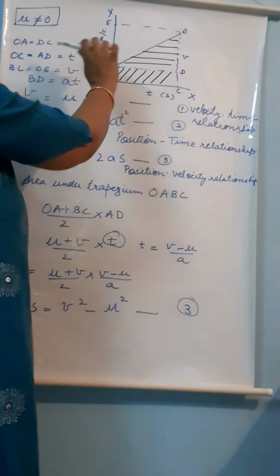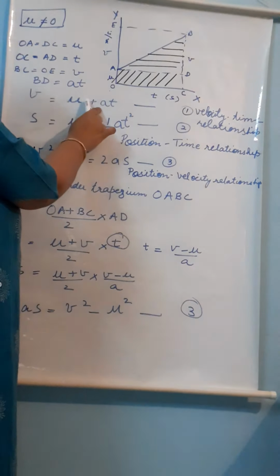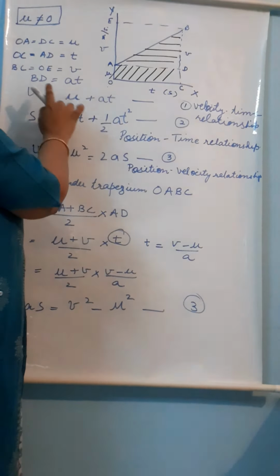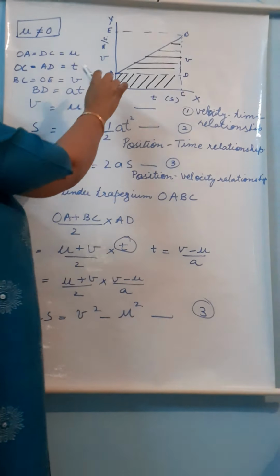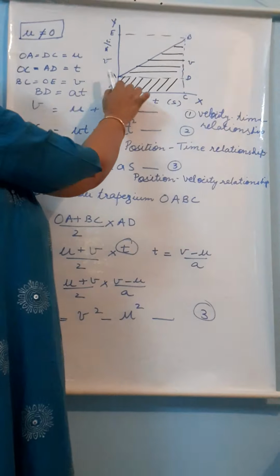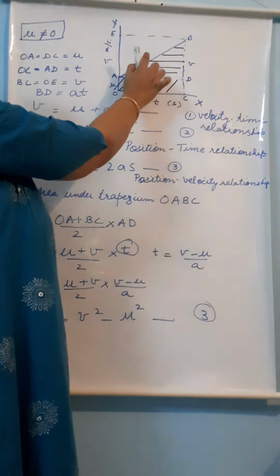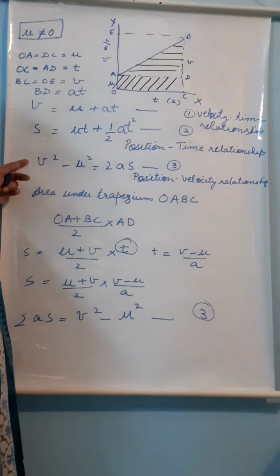And by this relationship, first we derived the first equation of motion, which is very important because we use this same equation to calculate the second and the third equation of motion, and the second and the third equations of motion can be calculated by calculating the area covered under the velocity time graph. In the second equation what did we do?